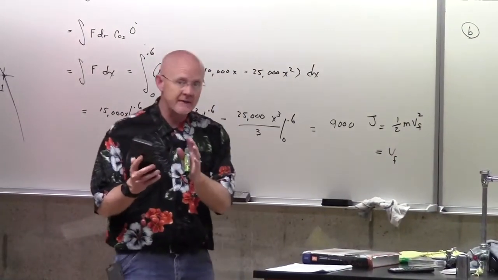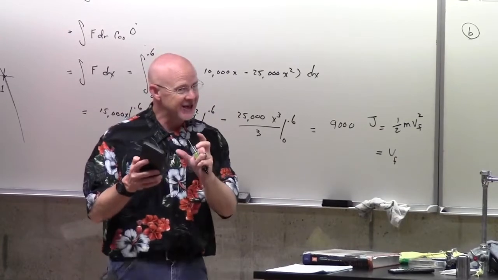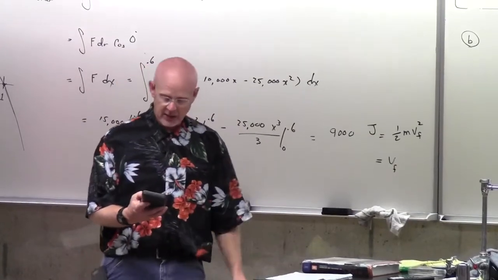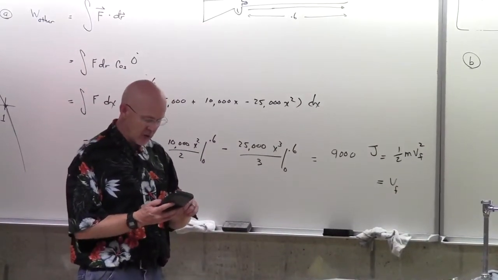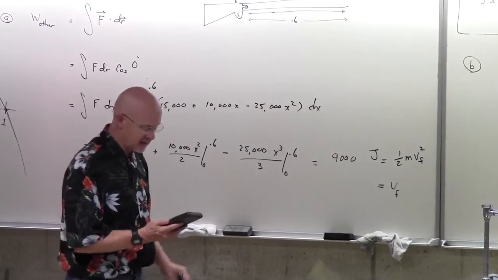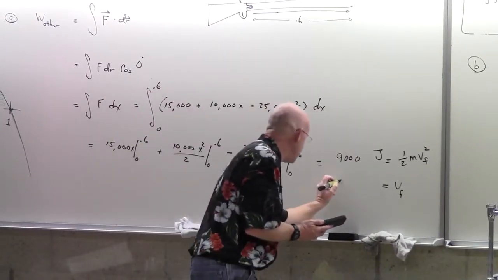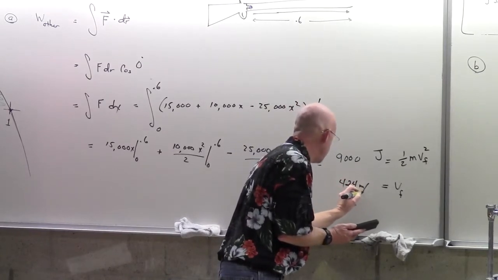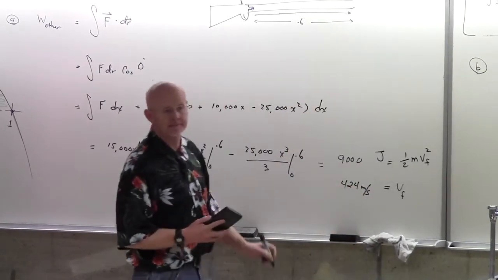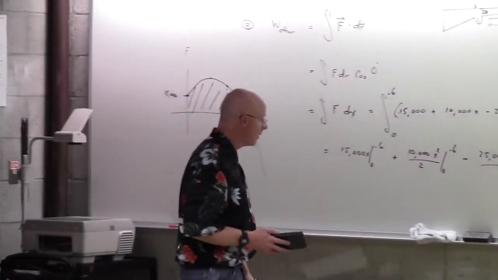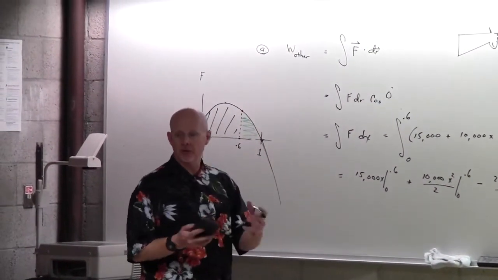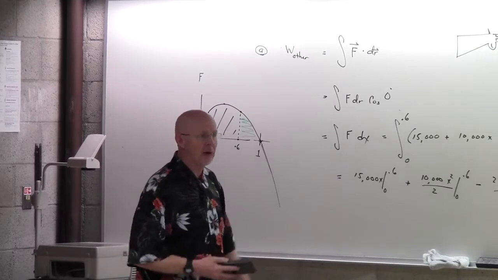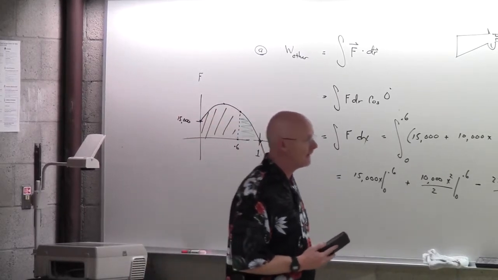Remember what's inside of a joule is a newton. Remember what's inside a newton is a kilogram. Okay. And then if I take the square root of all of that, I get a speed of 424 meters per second. And so typical speeds of a rifle, and so probably these are reasonable numbers.